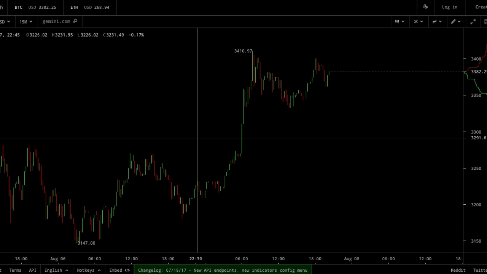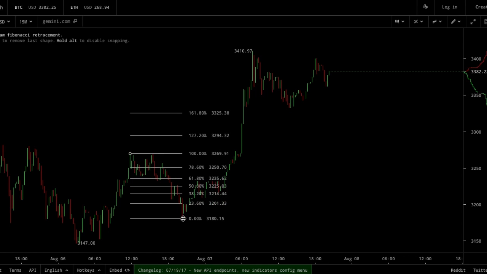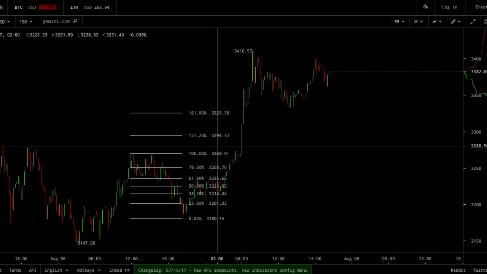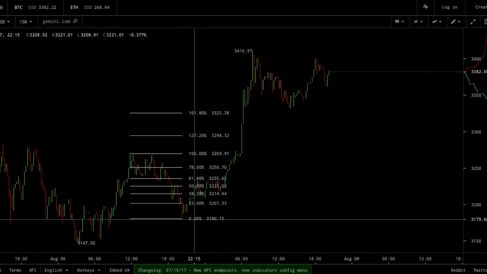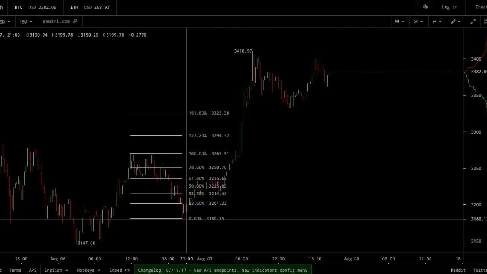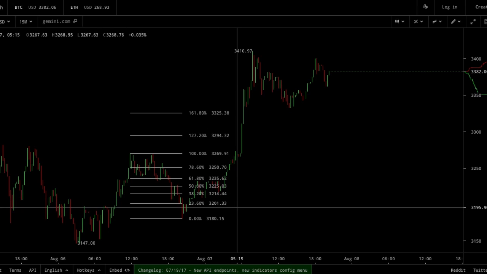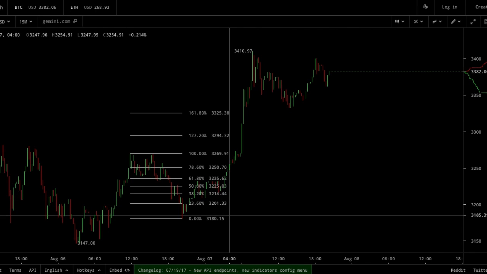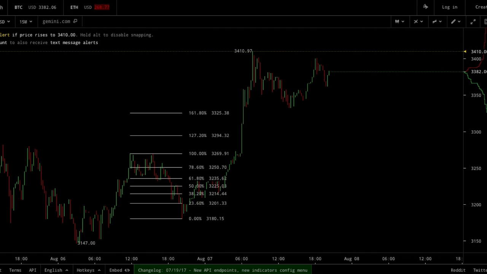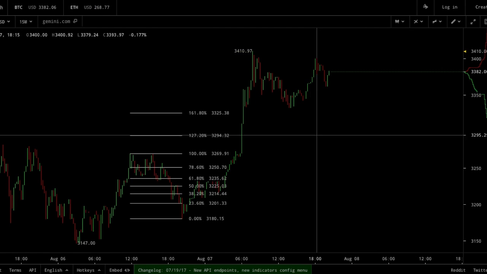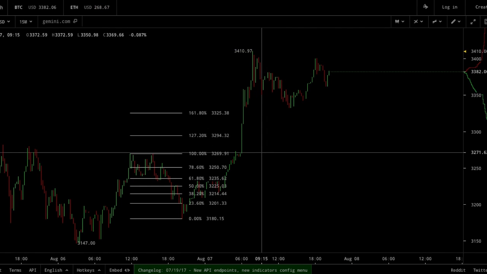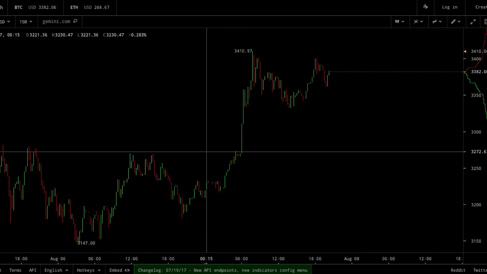Yes, you will need to calculate the 261.8% extension, but all you need to do is take this number minus this number, times 2.618, plus this. I know that might sound like a lot of work, but I think it's really worth it to calculate that and then set a price alert right where that 261.8 is, so that you know where those levels are when you're trading and how you can respond to them accordingly.